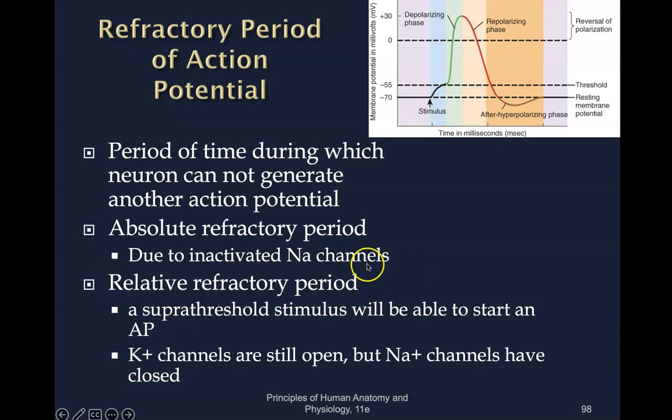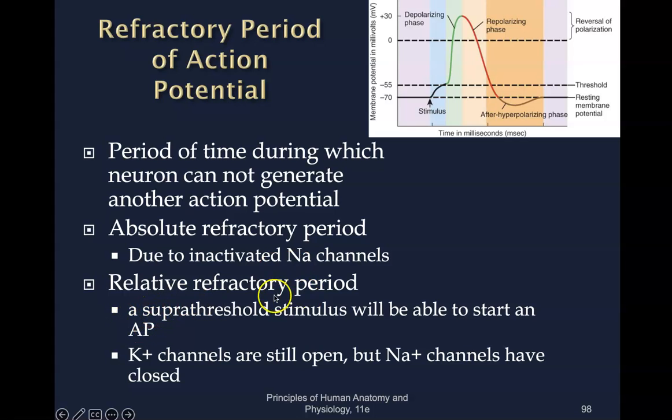I already went over this because I drew out my big picture, but this is just going over the absolute refractory period versus the relative refractory period. Remember, the absolute refractory period is due to those inactivated sodium channels, the inactivated sodium gates, because they can't be activated by anything at that point.